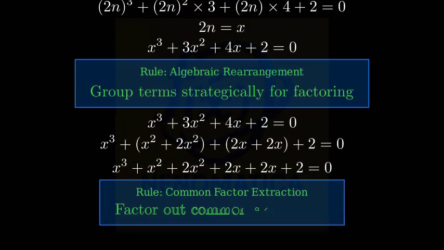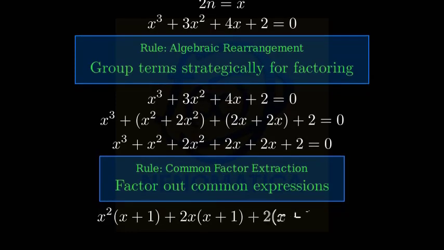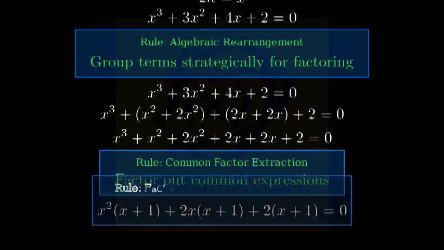Now we'll further organize by factoring out common terms: x squared times (x plus 1) plus 2x times (x plus 1) plus 2 times (x plus 1) equals 0. Looking at our expression, we can see that (x plus 1) is a common factor in all terms. Let's factor it out.